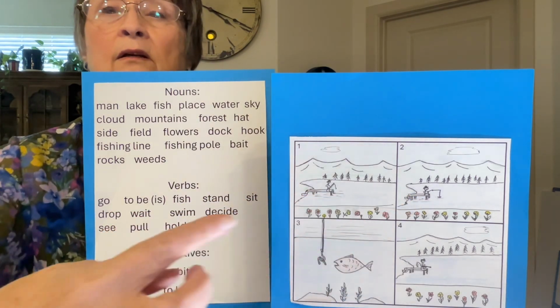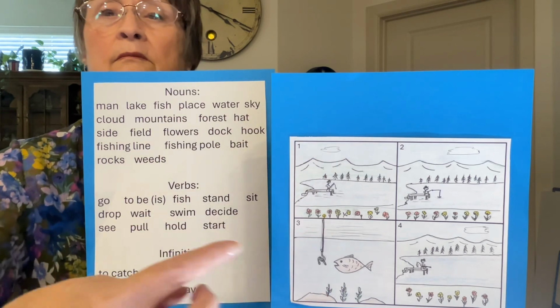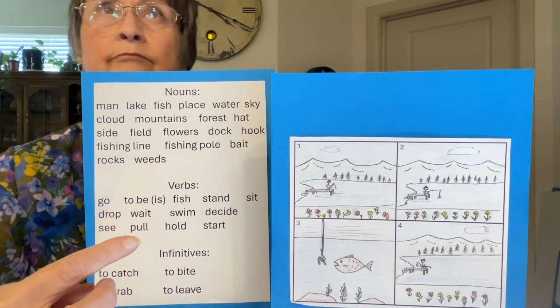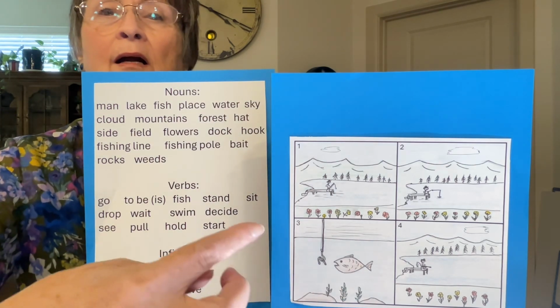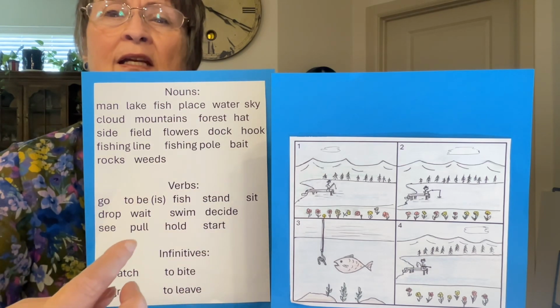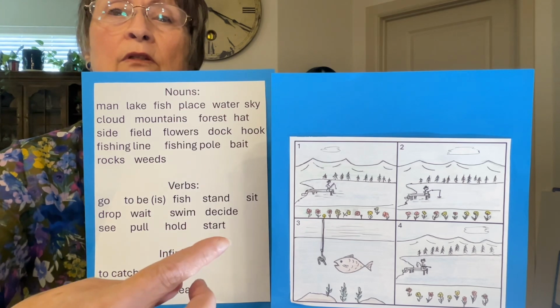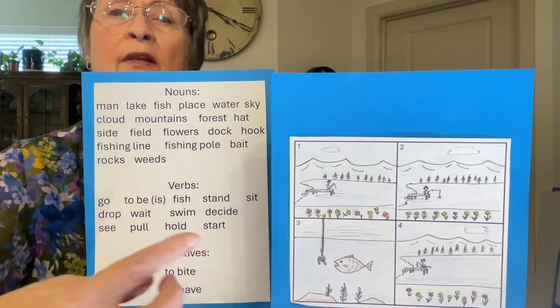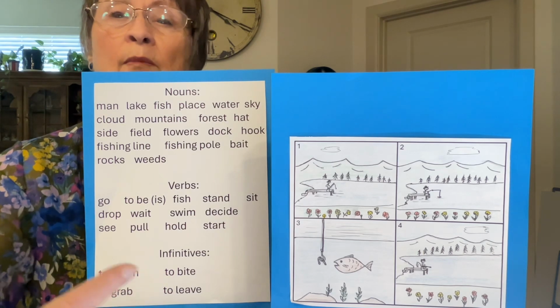He's sitting here. Drop. Wait. Swim. Decide. See. Pull. Hold. Start. And then these are verbs, but they're infinitives because they have a to in front of them.